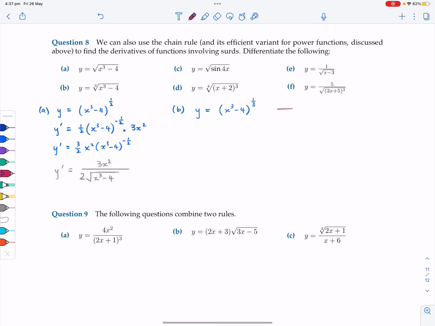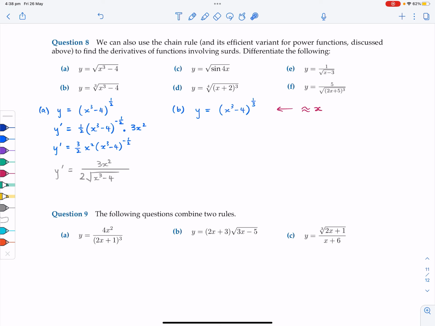This is approximately equal to x. If you just take x cubed and take the cube root, you get x. This minus 4 is not going to have much effect when x is a larger number. So this whole function is approximately equal to x. So we expect that y dash is approximately equal to 1, which is the derivative of x. Let's see if that happens.